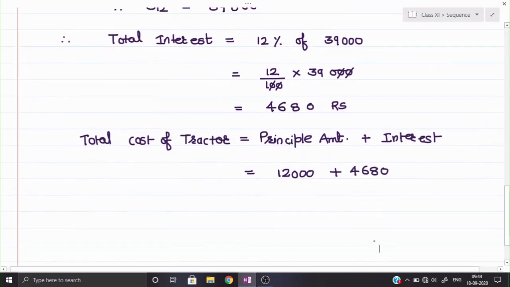So 12,000 plus 4,680, I think the answer should be 16,680 rupees. This should be your final answer.